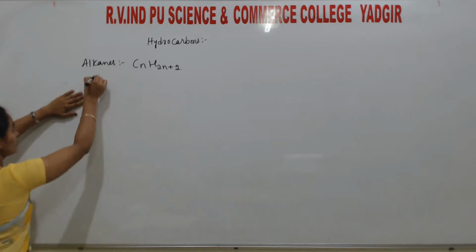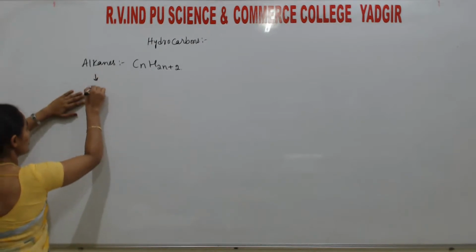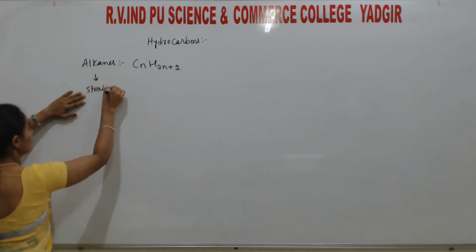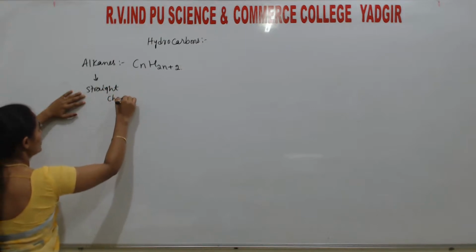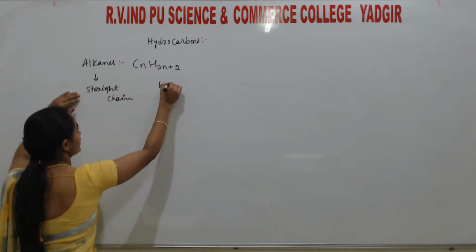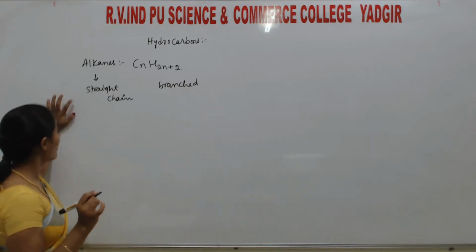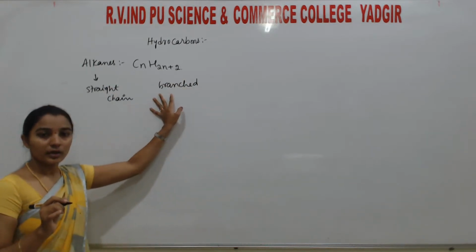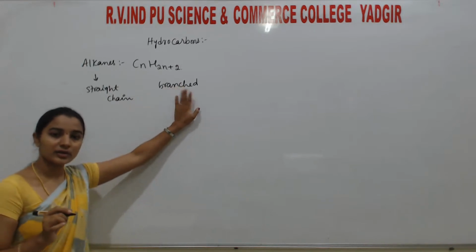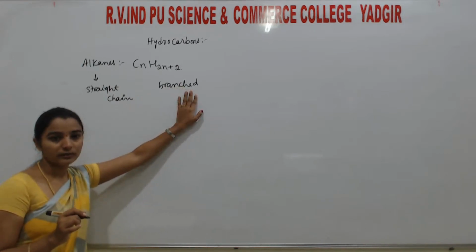Alkanes have two types of structure, one is straight chain and another is branched. We already studied the nomenclature of alkanes in a straight chain manner as well as in a branched manner.